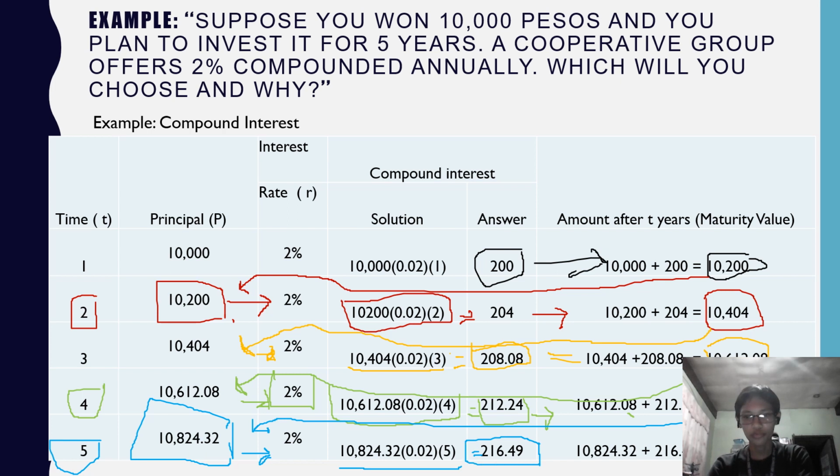Then 216.49 is added to the previous principal, 10,824.32, which will come up to 11,040.81, and this is the maturity value after 5 years.